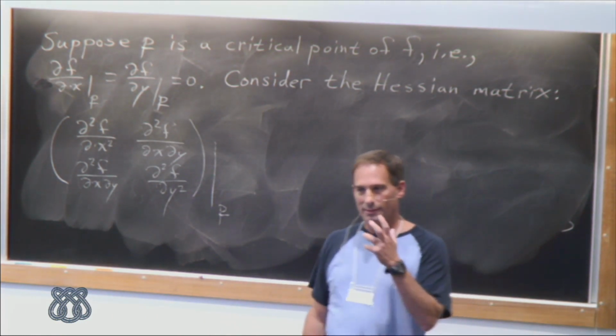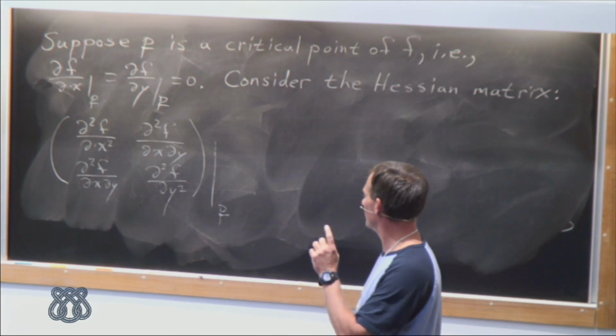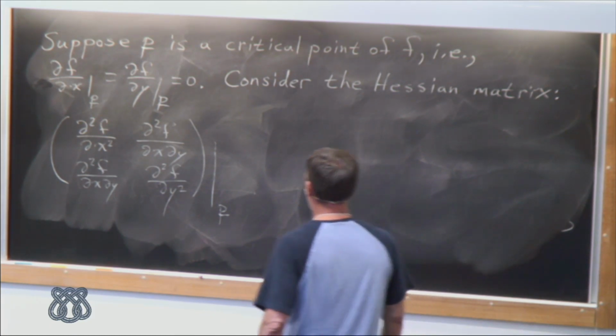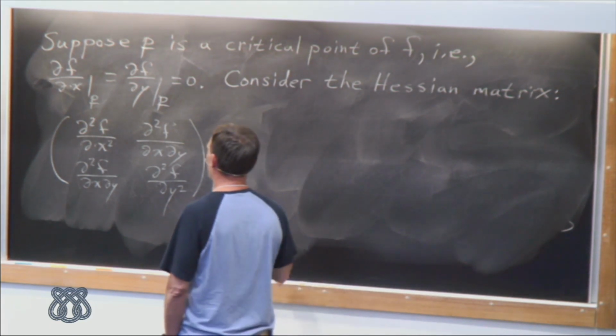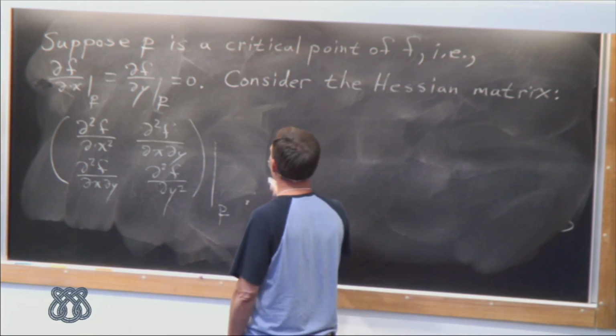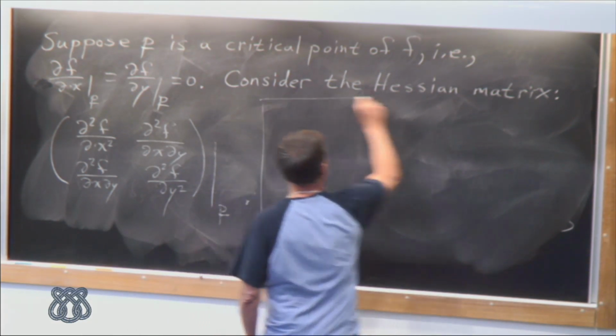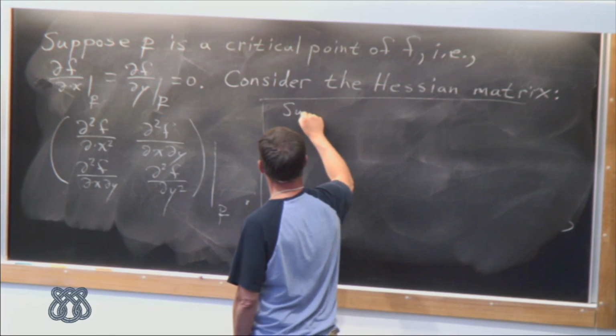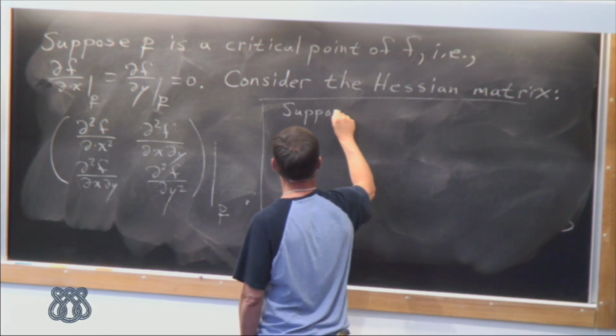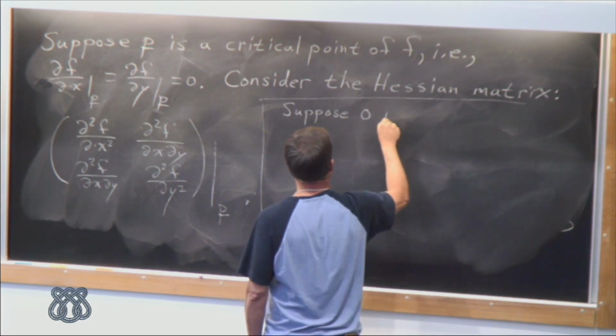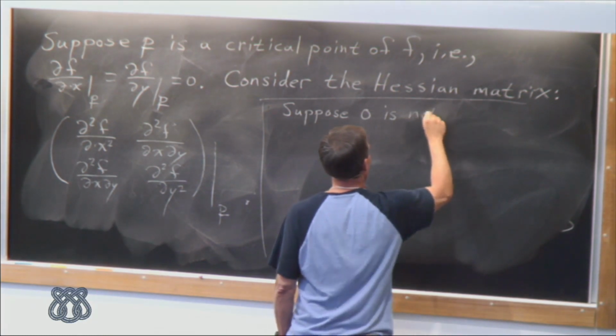What does the second derivative test say? It says that suppose 0 is not an eigenvalue.